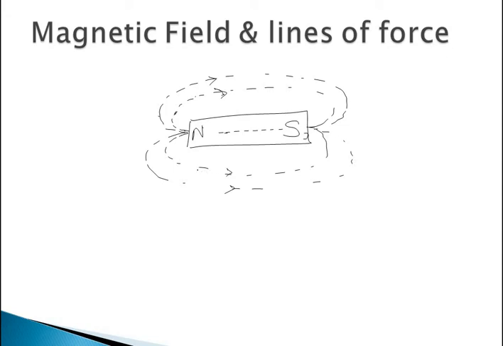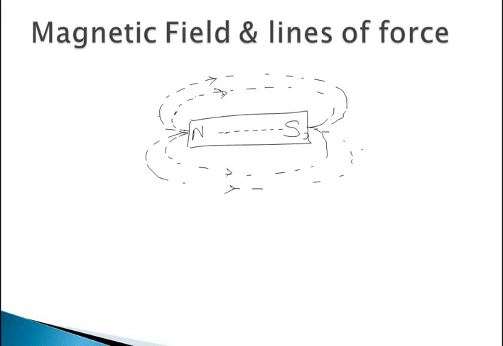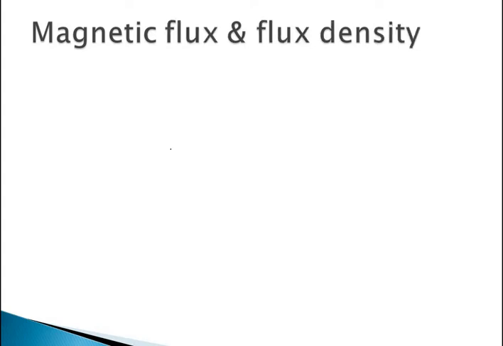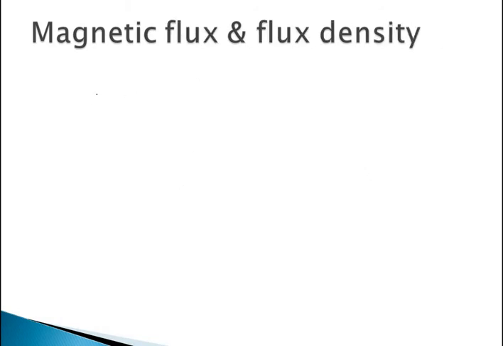Next I will explain what is magnetic flux. So what is magnetic flux? You can see these imaginary lines of force around the magnet. So we can say magnetic flux is the total number of lines of force present in the magnetic field, and magnetic flux is given by symbol phi, and its unit is Weber.